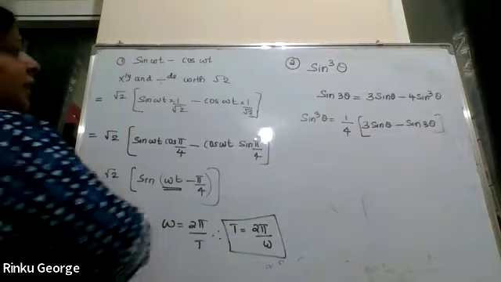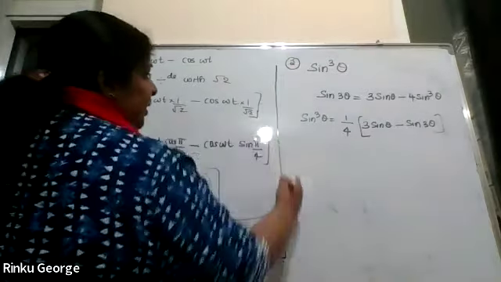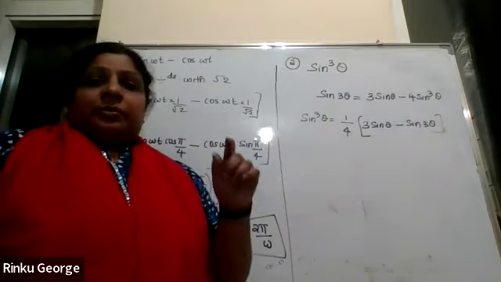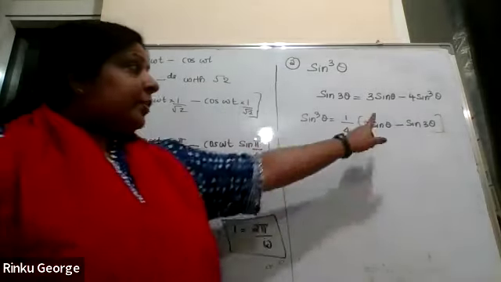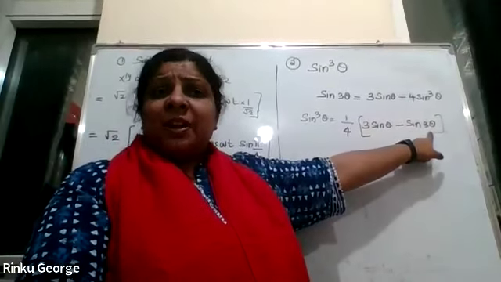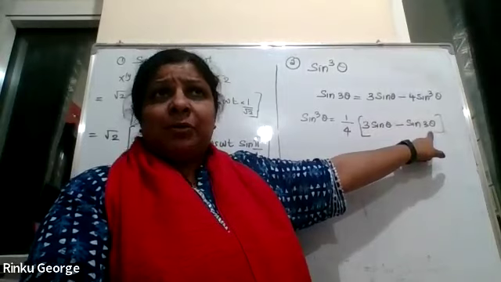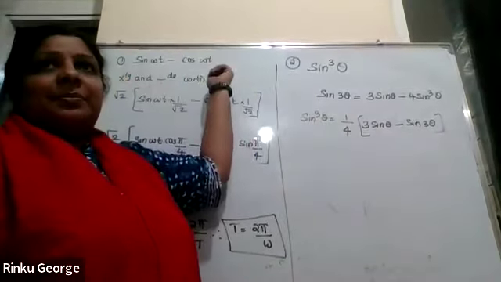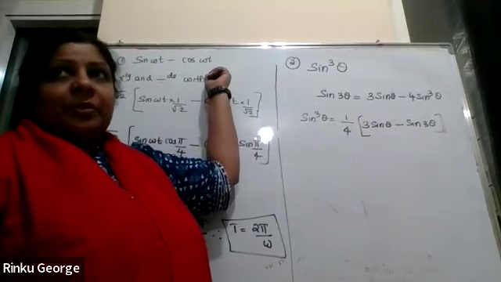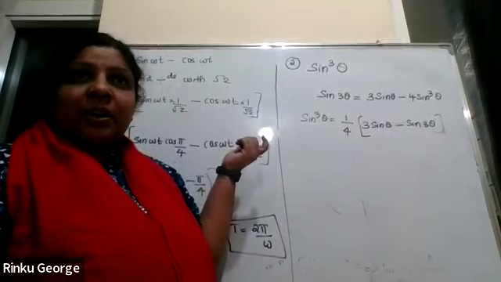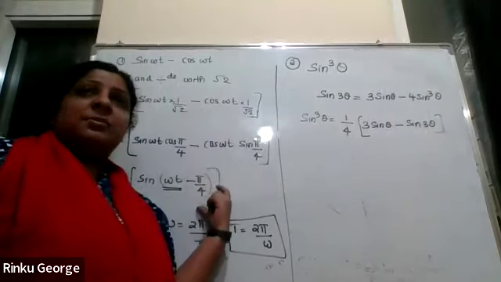Now listen. Can you tell me whether this is in SHM or not? The thing is, theta, 3 theta. In the previous question, we could simplify because both were omega t, sine omega t, cos omega t, so you could bring and simplify.